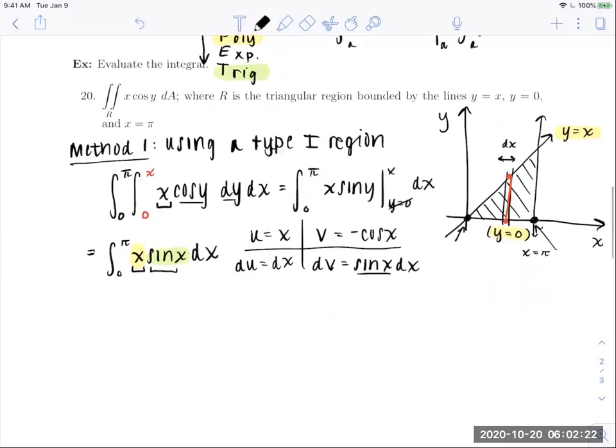So now that we have it set up, I get uv, which is a negative x cosine x, minus the integral of v du, negative cosine x dx. Now again, we had limits of integration from 0 to pi, so I'm just going to add those in here.